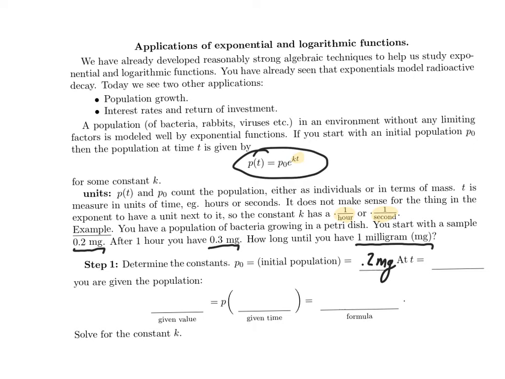At time equals 1 hour, I'm given that the population is 0.3 milligrams. So that means the population at 1 hour, so I'll plug in t equals 1 hour to the formula, will return 0.3 milligrams, and I have a formula for the population at any given time.